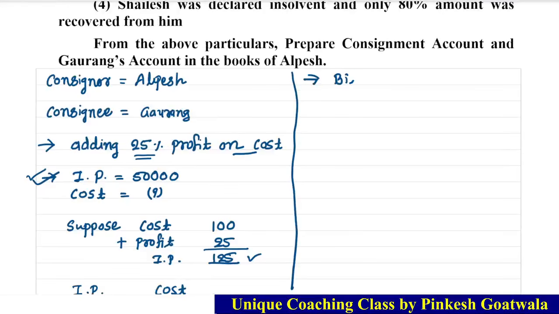Bills for 4 months. Okay, bills કેટલા months ની છે? 4 months ની amount 250.